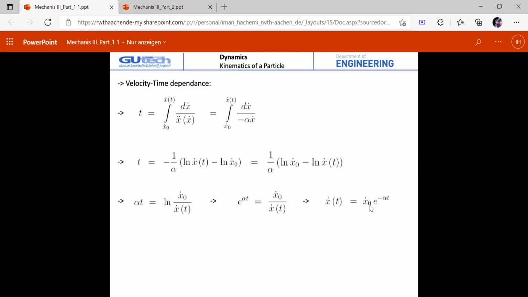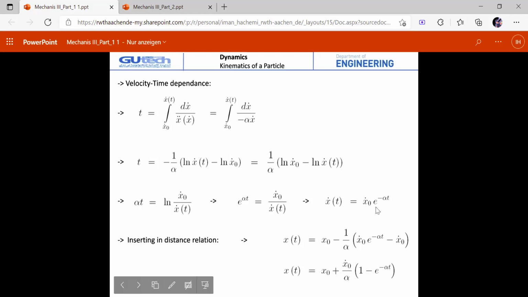Then if we know the initial position and initial velocity, and alpha is constant, we know the velocity at any time t. And if we insert the relationship with xt, the position, we get the following relation between the velocity and the time.